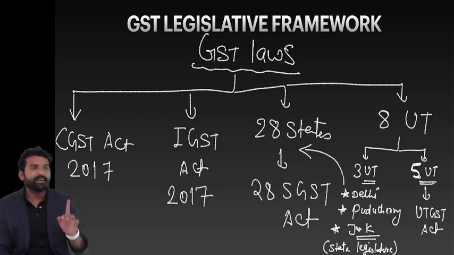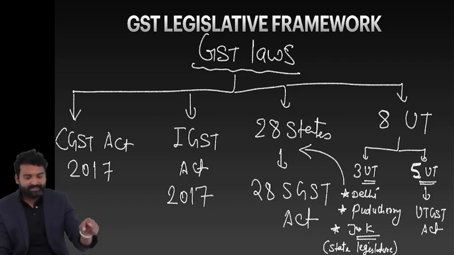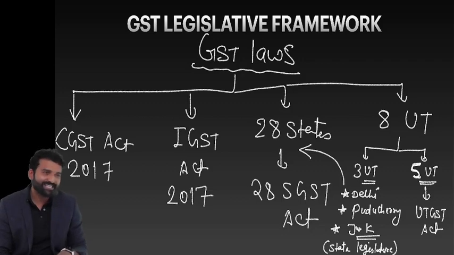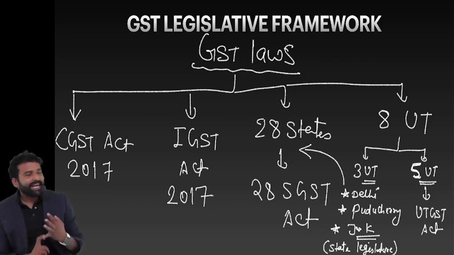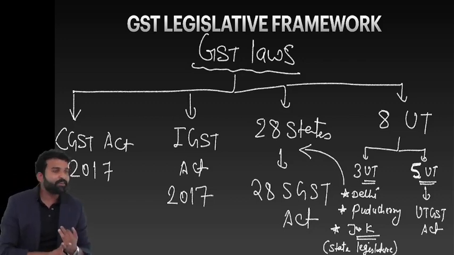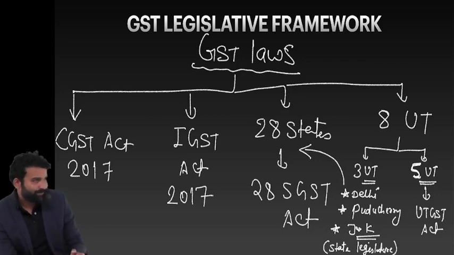But it is very important to understand that out of 8 UTs, 3 UTs have their own SGST Act, because they have state legislatures: Delhi, Puducherry and Jammu and Kashmir. For us, Delhi, Puducherry and Jammu and Kashmir will be treated as in-state, and they have SGST.